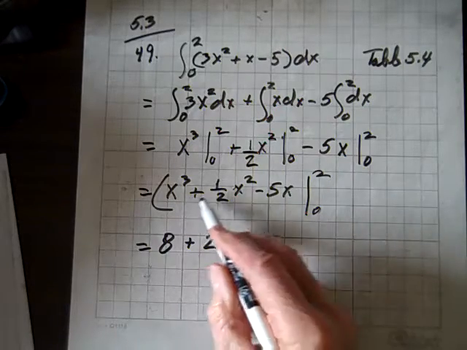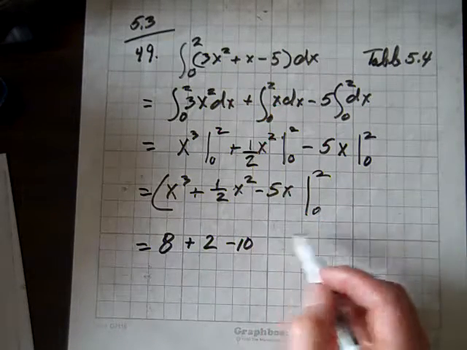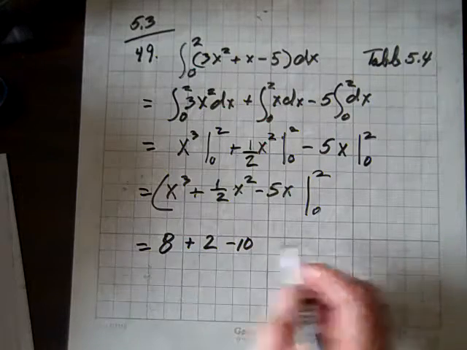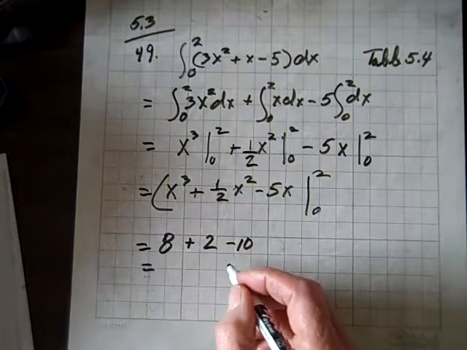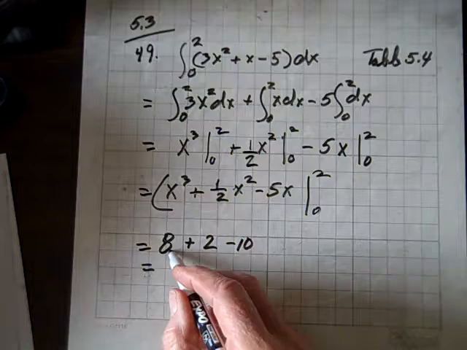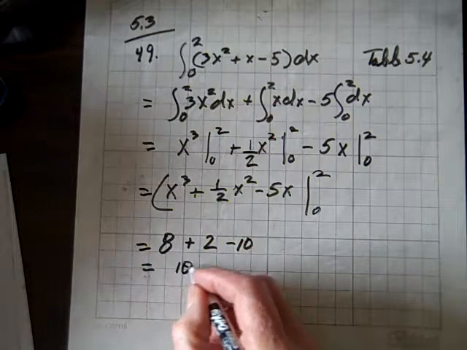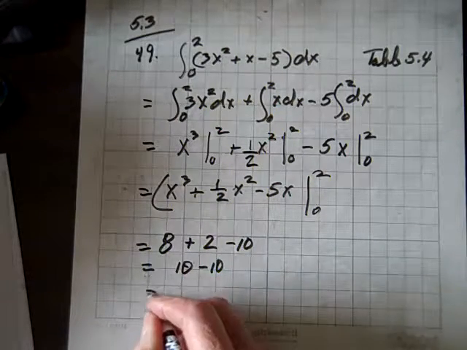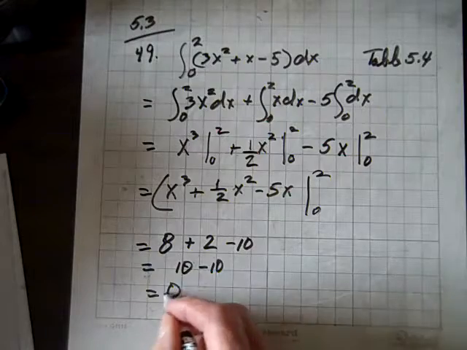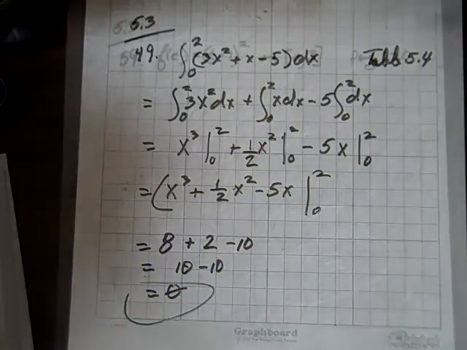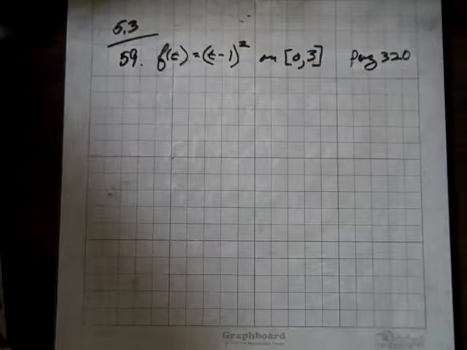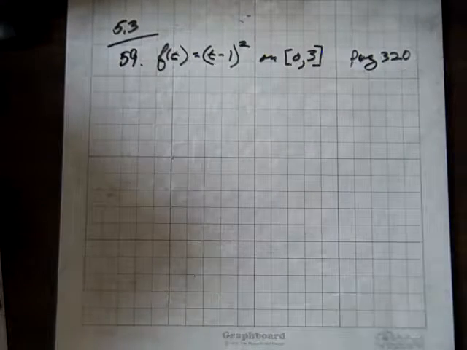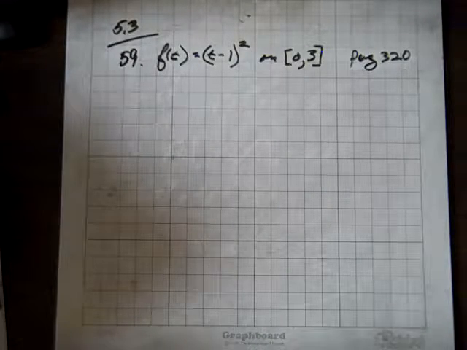And then if we replace every x with a 0, we'll just be subtracting 0. So now we have 8 plus 2 is 10 minus 10, and I get 0 there, don't you? And we're done.